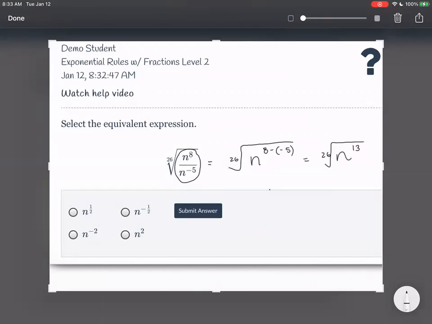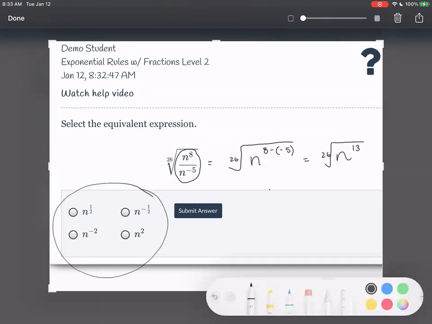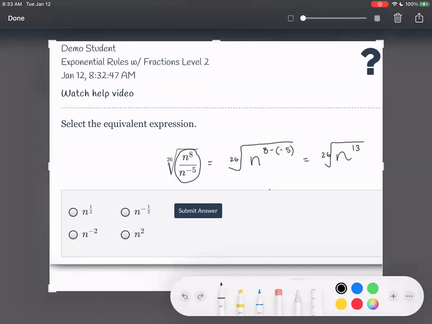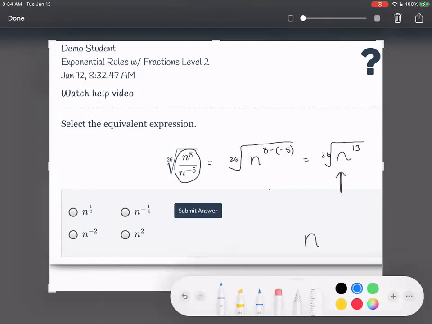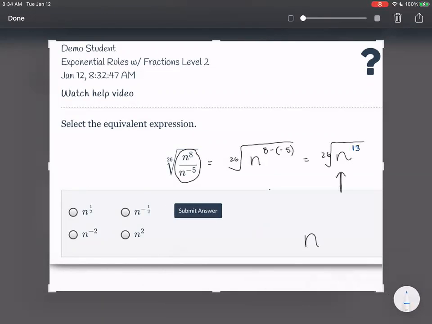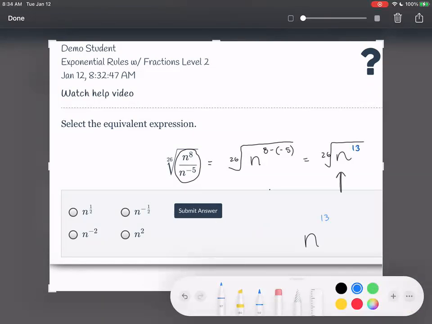Okay. So now that we've simplified the inside of the radical, it looks like we want to turn it into exponential form. It's kind of like the reverse of what we did in the last problem. We want to turn it from radical into exponential. The thing inside your radical is just your base, so it's n. The 13, the exponent inside the radical, becomes the numerator.